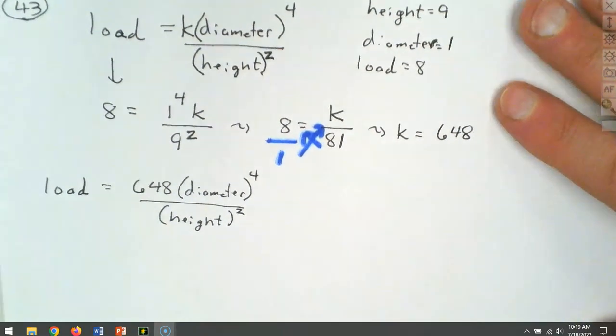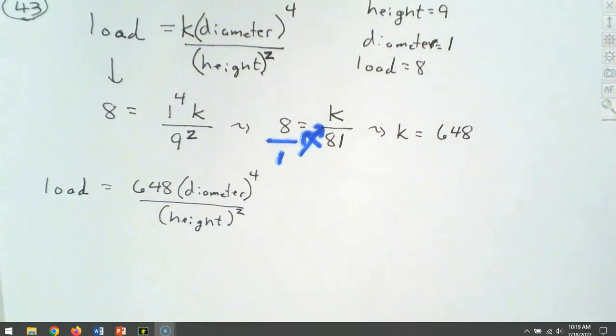There's our new formula. Plug in our values. So what do we want to find? We want to find this load again. Okay, how many metric tons will be supported by a column that is 12 meters high and 2/3 of a meter in diameter?